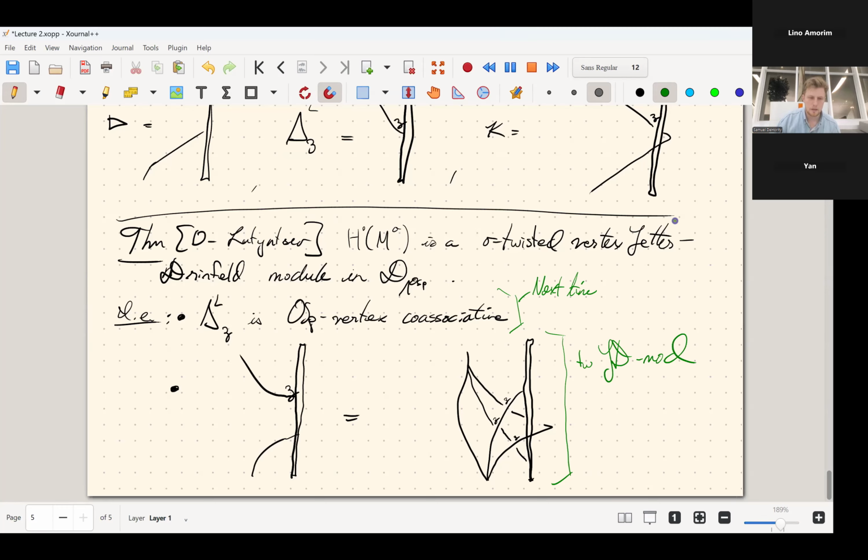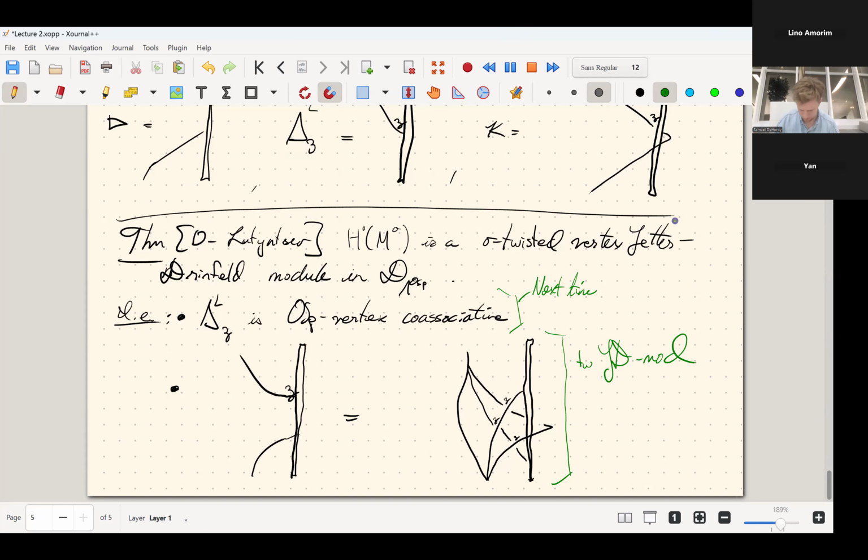But the question is about this. I remember that when I gave this definition of meromorphic tensor category, the guiding line was the notion of chiral algebra, which Beilinson and Drinfeld introduced more or less at the same time.